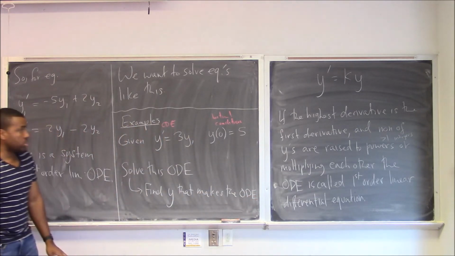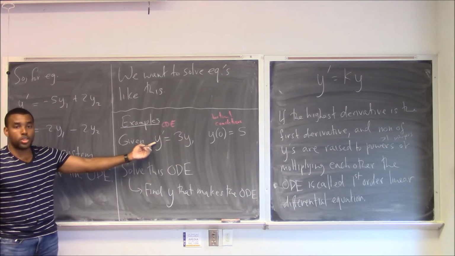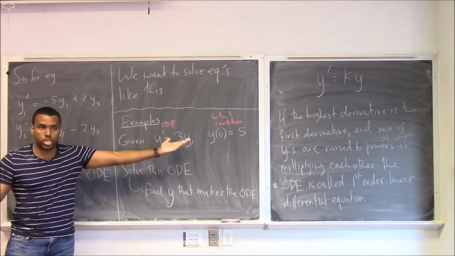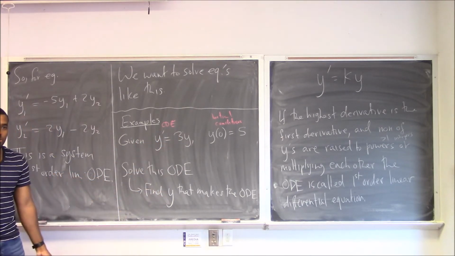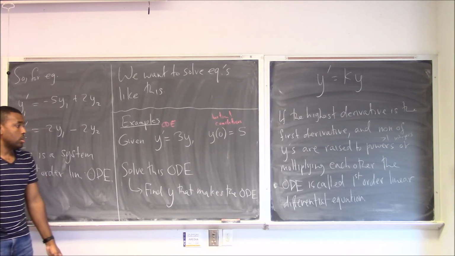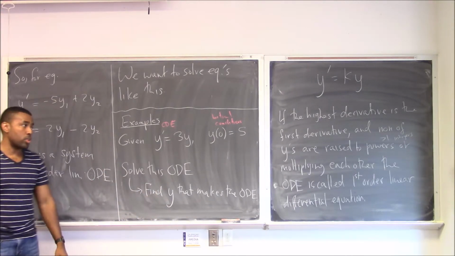In other words, I want to find all functions such that when I take their first derivative, I get 3 times the original function. So that's what it means to solve an ODE: get rid of the derivatives, pretty much. Solve for the dependent variable in such a way that no derivatives are present anymore.